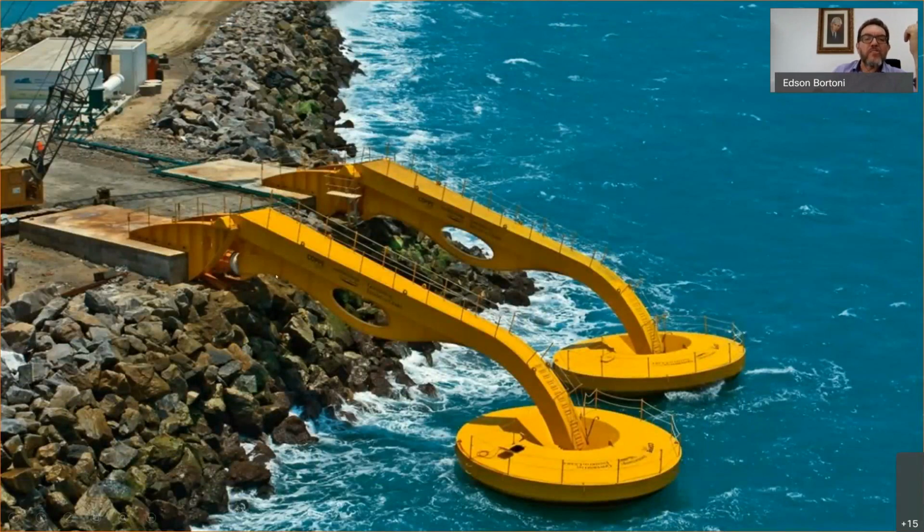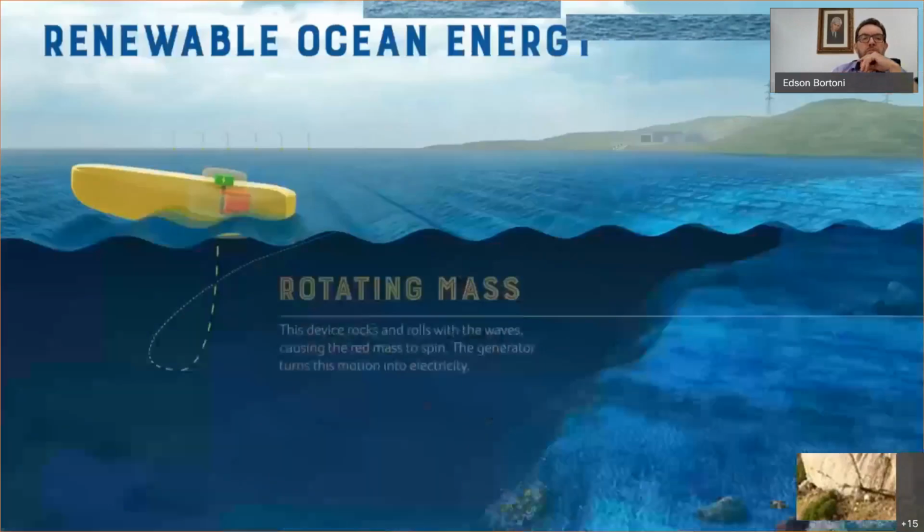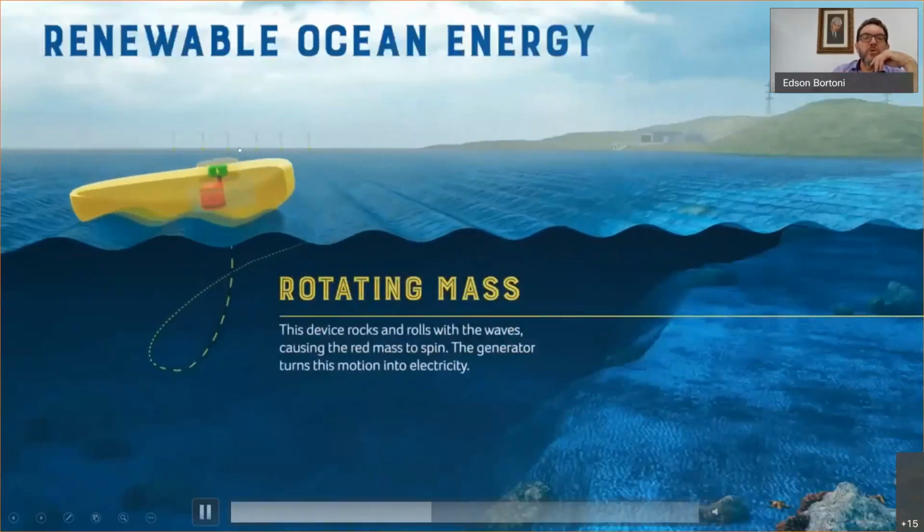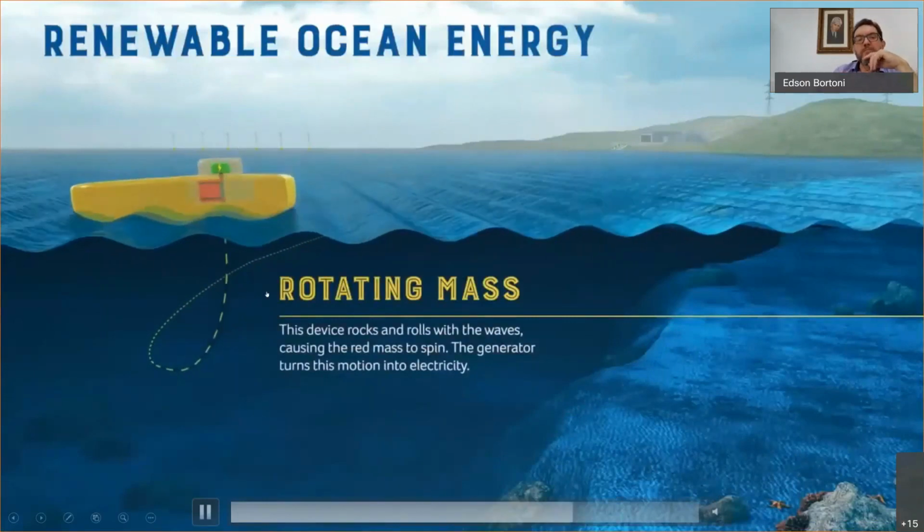You pressurize water here, and you can use this pressurized water to generate energy. So in general, what they do is pressurize, so it moves with the waves and pressurizes. You can also use a rotating mass that rotates with the waves.